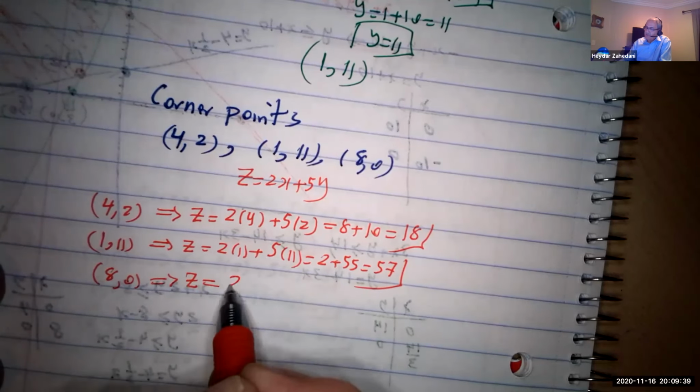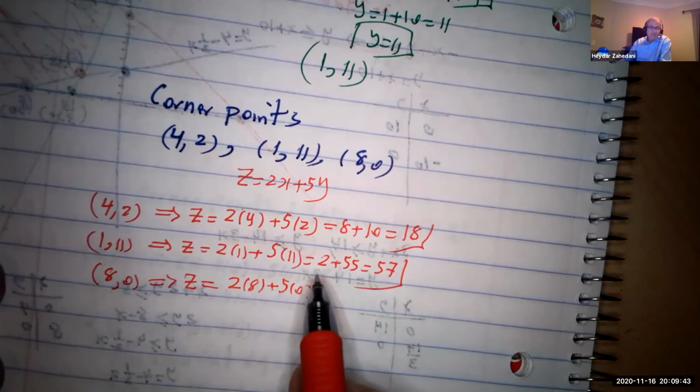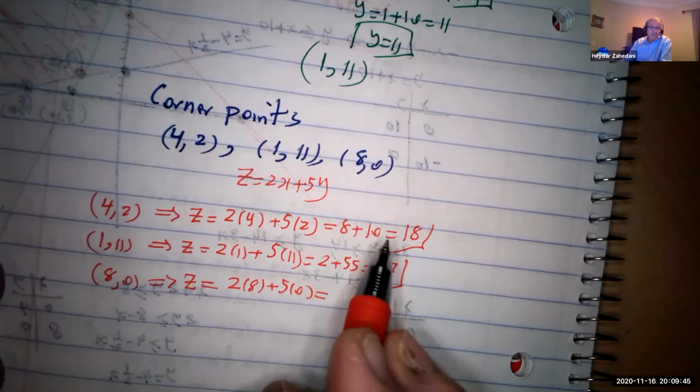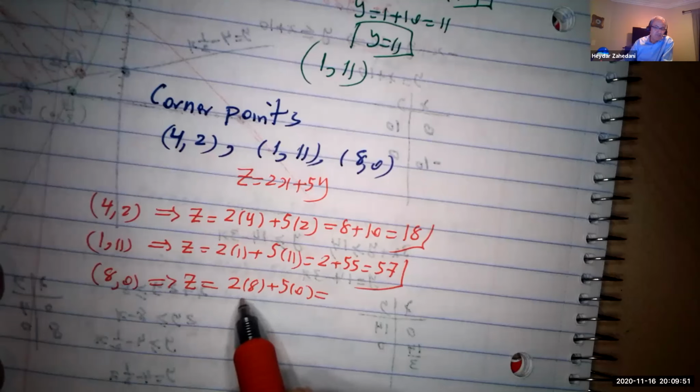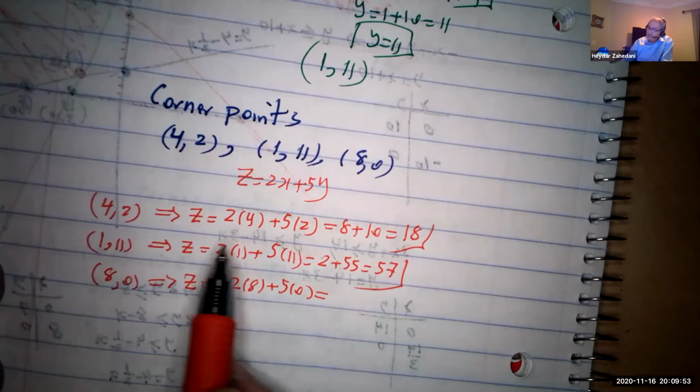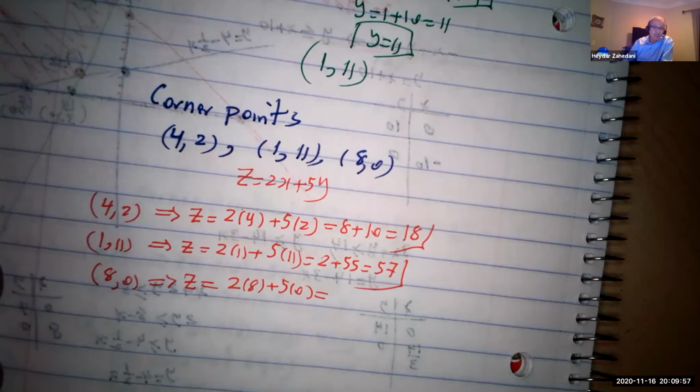When you substitute, it's 2 times 8 plus 5 times 0, and 2 times 8 is 16. So at 4 and 2 we get 18, and at 8 and 0 we get 16.